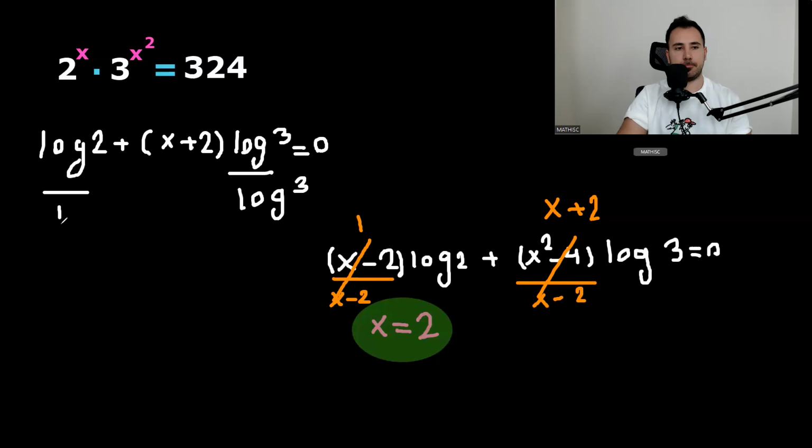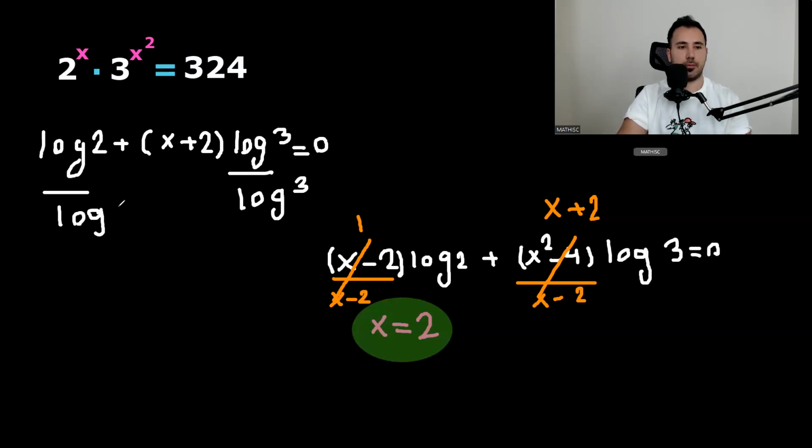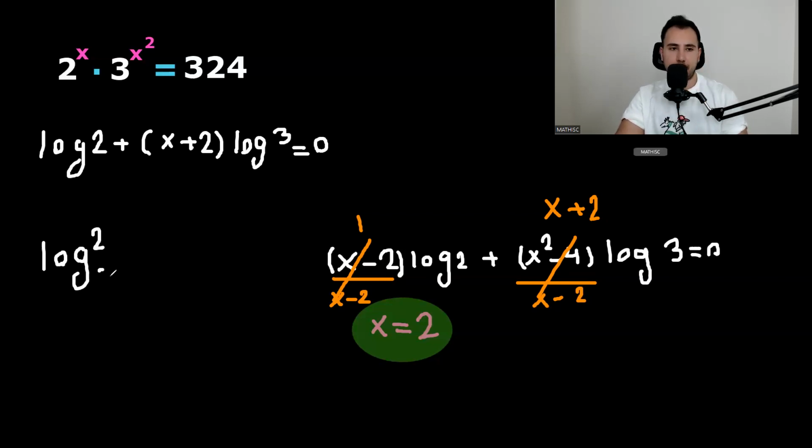Now to simplify this, I'll divide both sides by log 3. Instead of this, which takes more space, I'm going to write this log 2 with base of 3. When we divide them both by log 3, we'll have log of 2 with base 3, plus x plus 2, being 0.